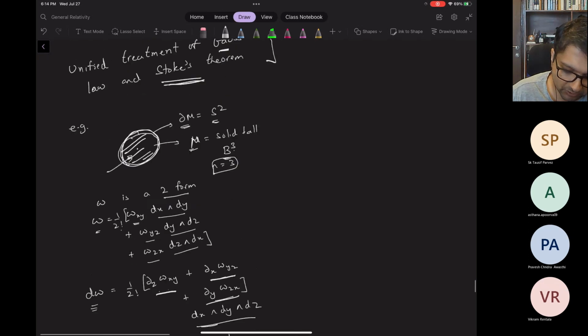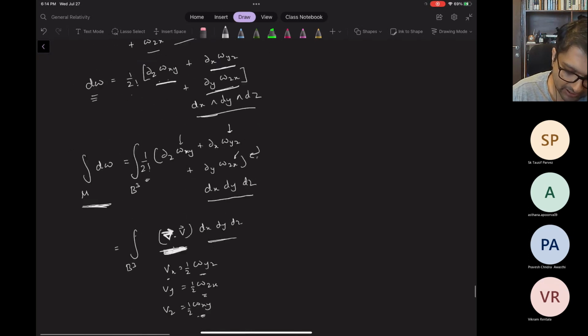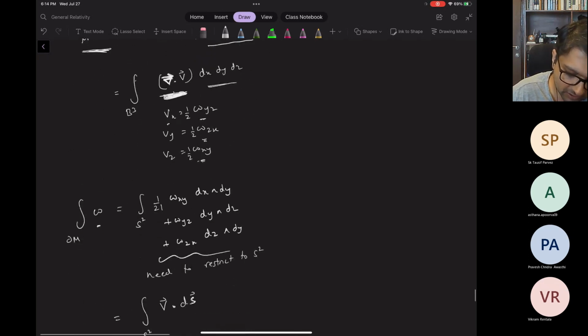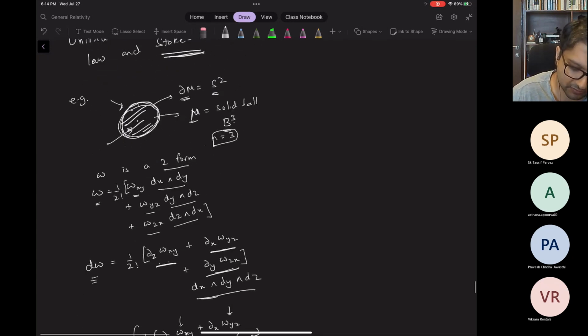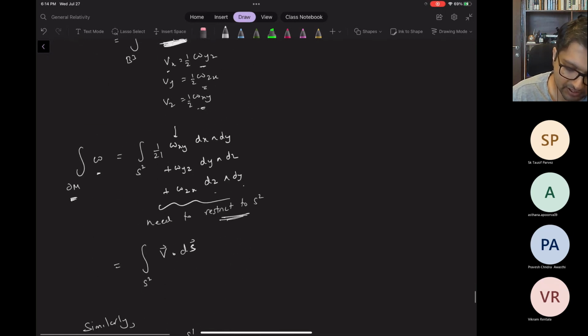Similarly, on the boundary manifold S2, I can write down the integration of omega over the boundary: omega xy dx wedge dy, omega yz dy wedge dz, omega zx dz wedge dx. If I restrict to the surface of this sphere, this is now an integration.